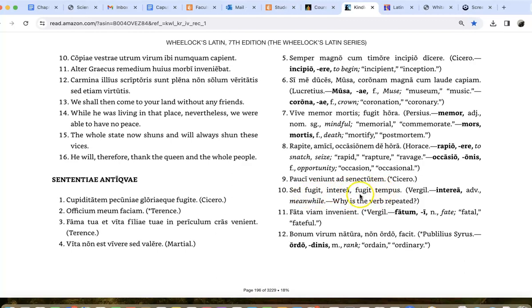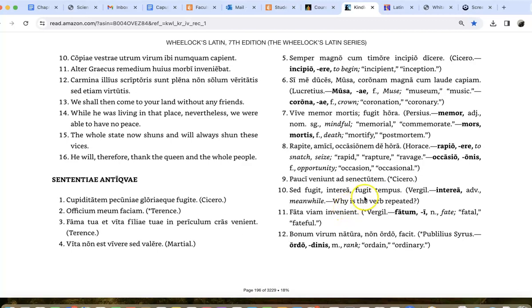Time, so you might maybe change the word order. So time flees, meanwhile, but he flees. So that doesn't make any sense either. So we'll keep it here. But he flees. So you might even say, but while he is fleeing, meanwhile, time flees. But again, even that doesn't make a whole lot of sense.